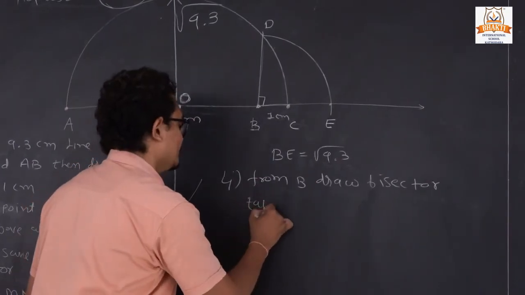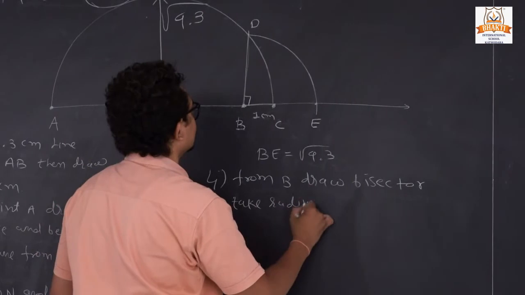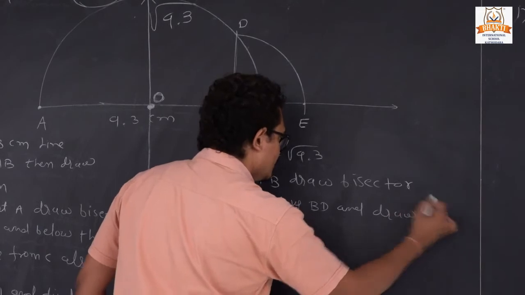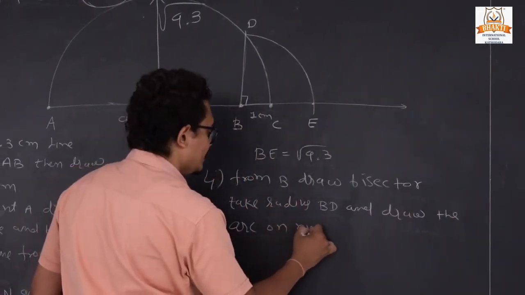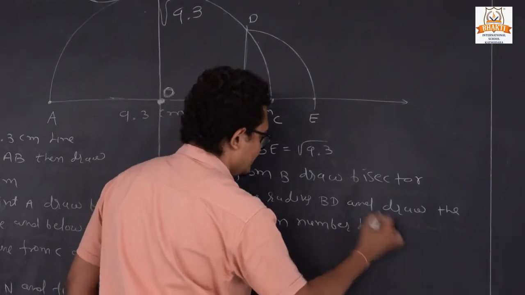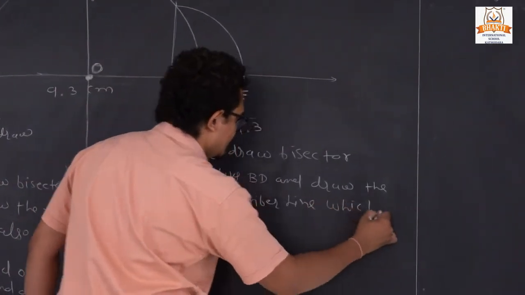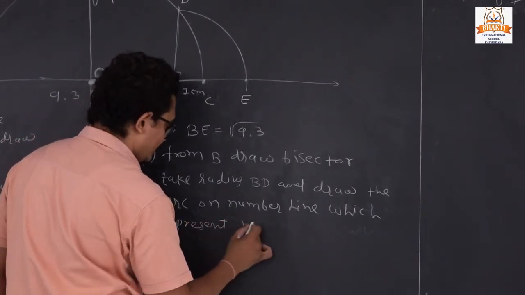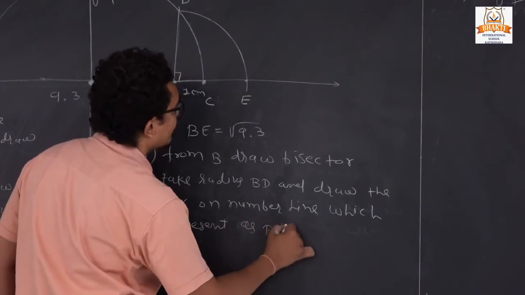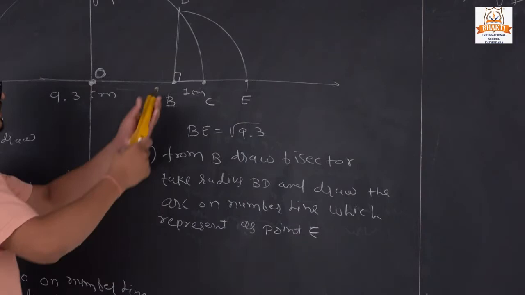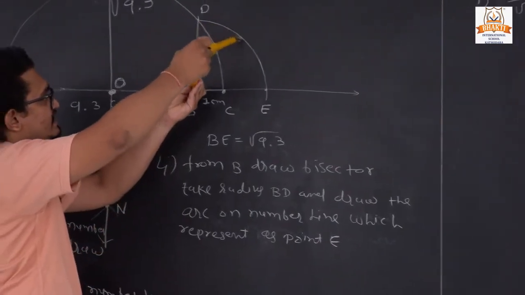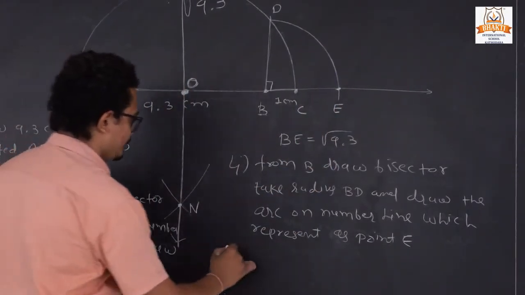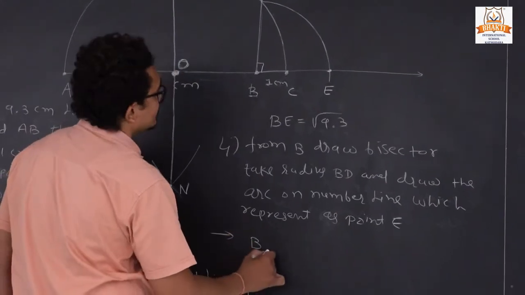Now take radius BD and draw the arc on the number line, which represents point E. Then we take the arc BD and it cuts the number line at point E. Now measure BE.